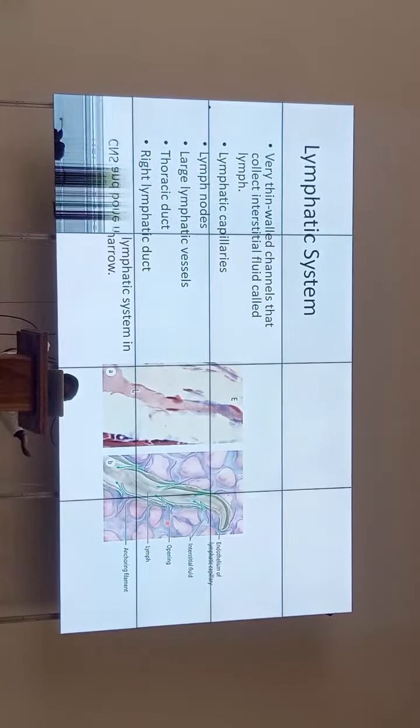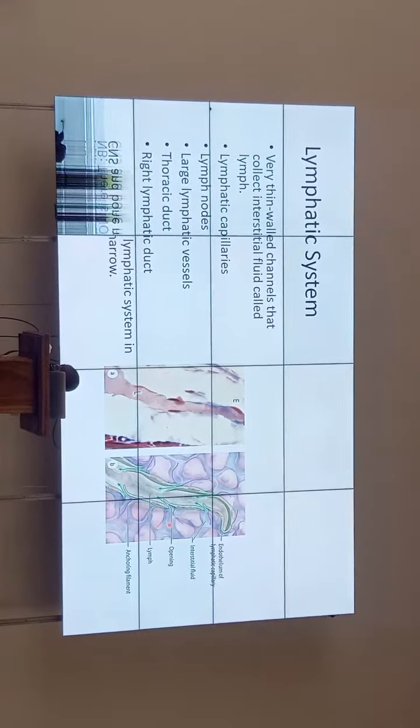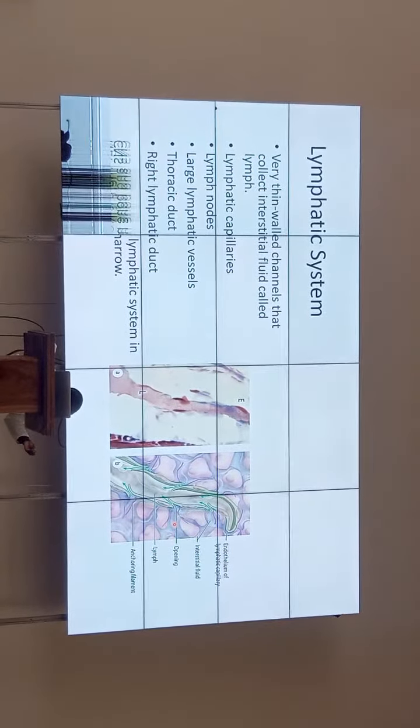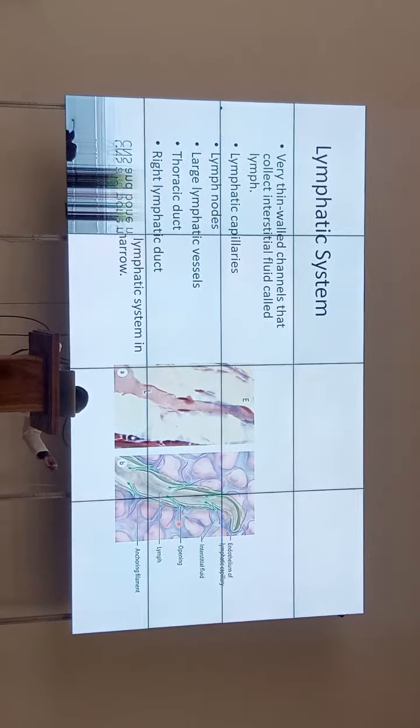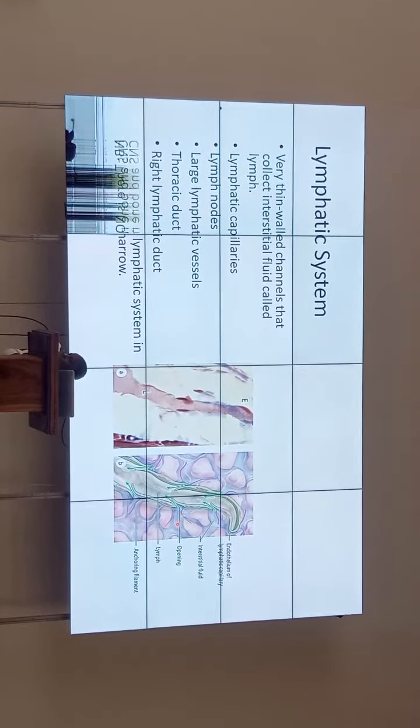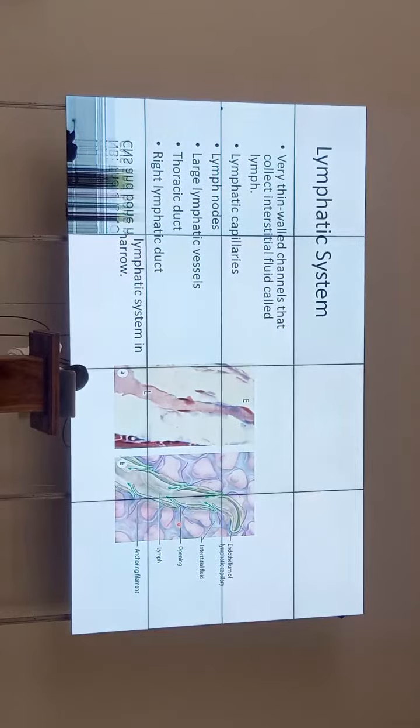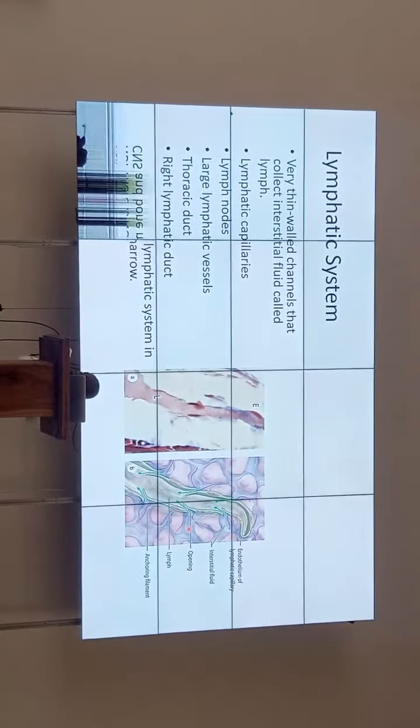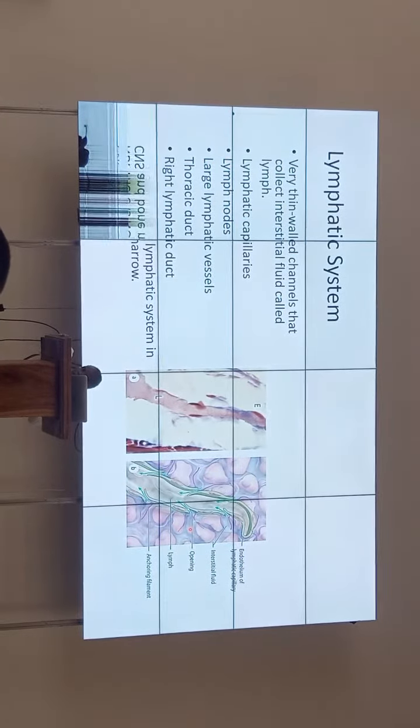Some areas can have infections. So to ensure that infections are not carried into the bloodstream as that fluid is going back to the bloodstream, that fluid must pass through the lymph node where that fluid is screened for infections.